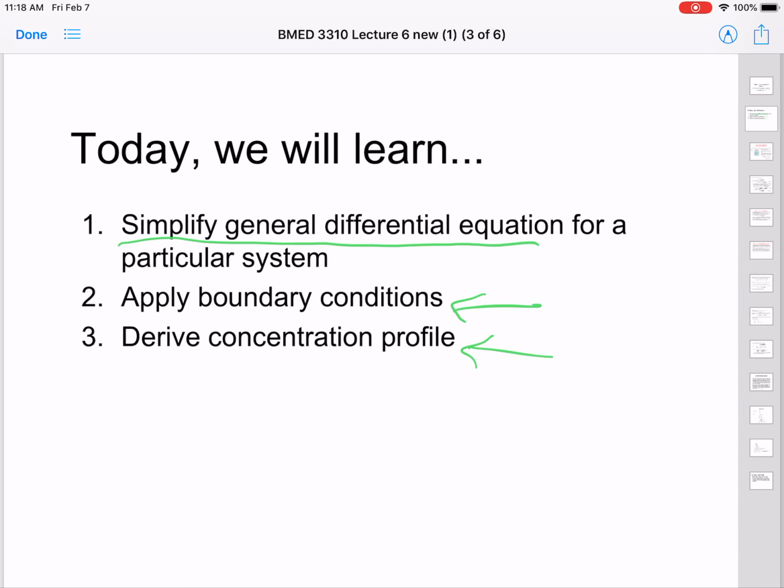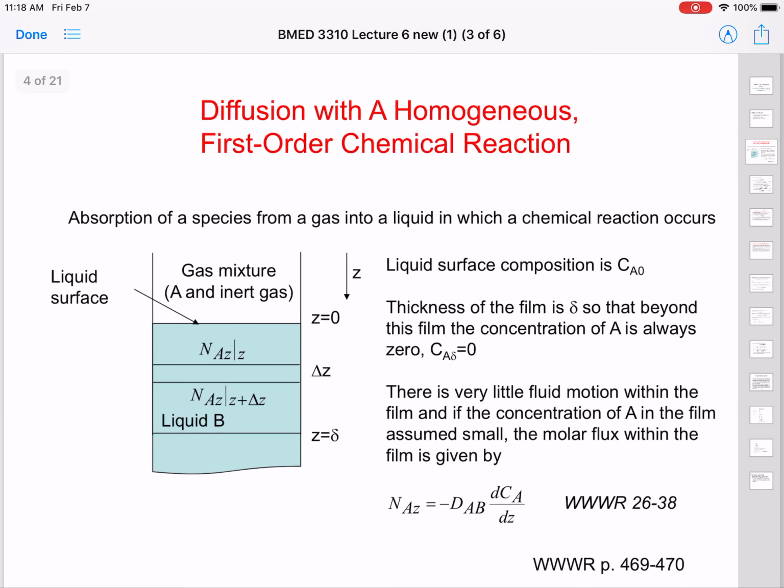So the first example is a one-dimensional rectangular system. What we have here is liquid B, and up on top is a gas with A, and A is going to be diffusing into the liquid B. We know that at the surface, the concentration is Ca0. That's just given.